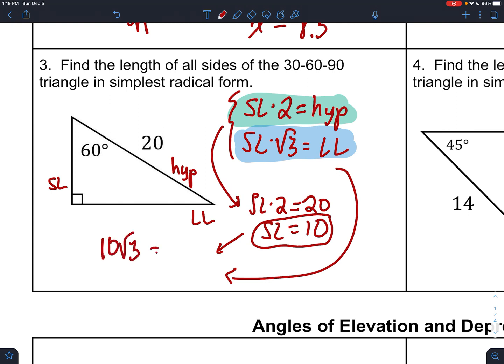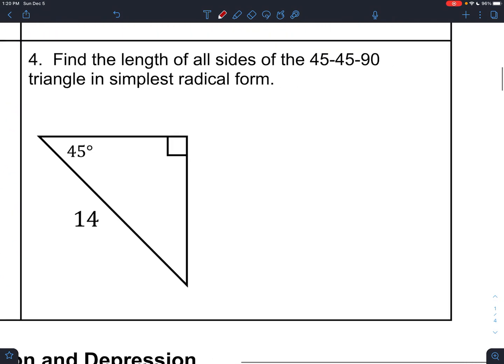So these two together will make this equation, 10 square root 3 equals long leg, which just happens to be the exact answer we want. We don't have to solve for anything. Okay, so it's just about using the equations, manipulating them. You will have the equations. So these questions shouldn't be too challenging.